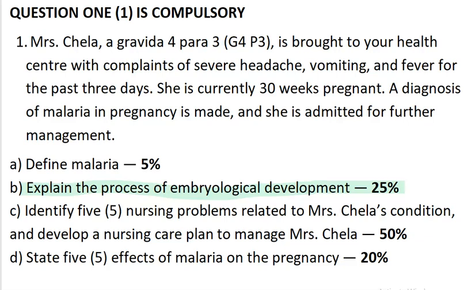Once fertilization takes place, rapid mitotic divisions without growth in size take place. This produces smaller cells called blastomeres. This leads to the formation of a morula. A morula is simply a solid ball of cells.